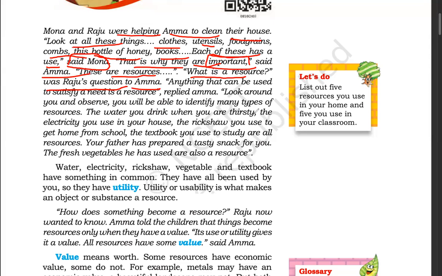Resources are basically a thing that has a use, or you can say utility or usability, right? Anything that can be used to satisfy a need is a resource, replied Amma. So just take a notebook and a pen and write whatever I'm writing.